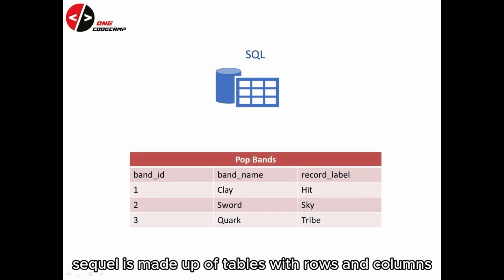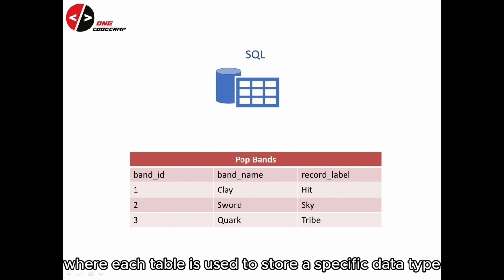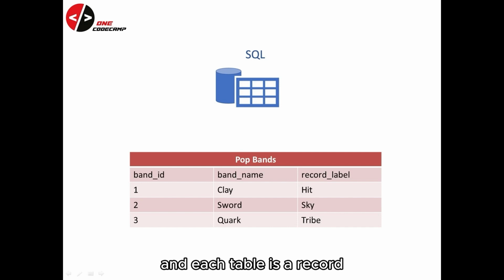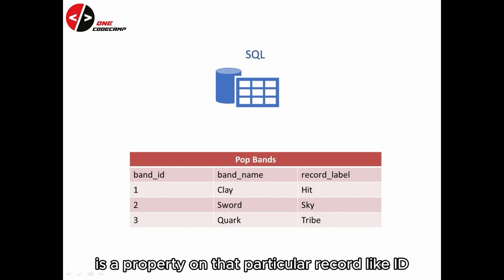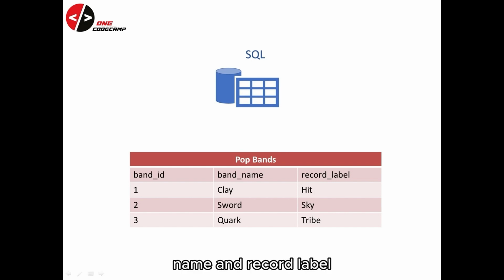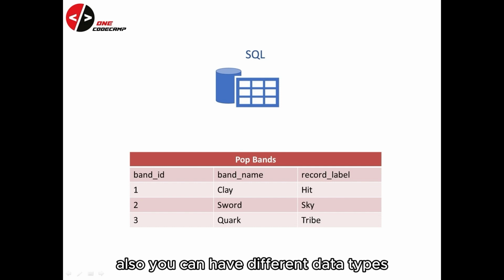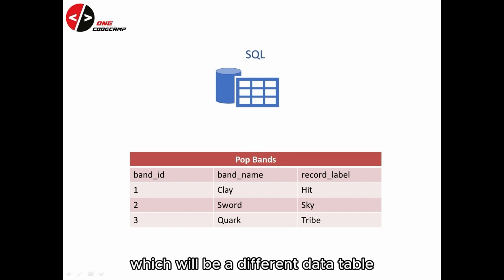SQL is made up of tables with rows and columns, where each table is used to store a specific data type, and each row is a record. Each of the columns is a property on that particular record, like ID, name, and record label. Also, we can have different data types, which will be a different data table that can be related to each other.